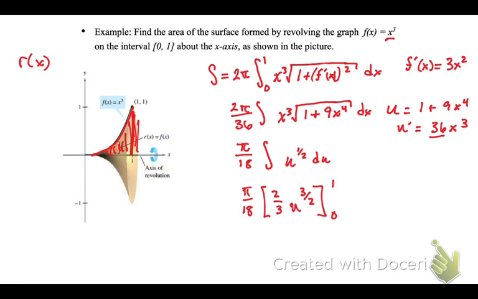So pi over 18 times 2/3, because I'm going to bring 2/3 out. You guys agree with that? Yeah. Okay, and then we're going to have 1 plus... Do you guys want to put it back in the square root, or do you want to leave it to the 2/3?